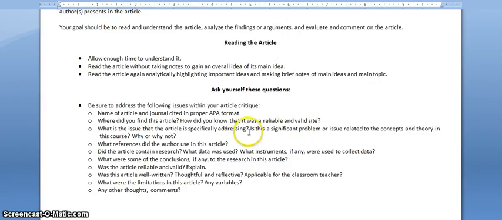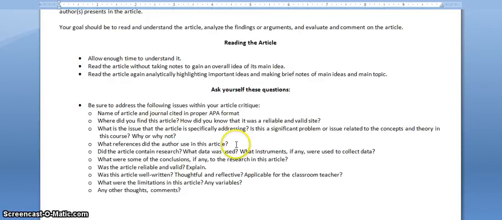What's the issue that the article is addressing? Is it a significant problem or issue related to concepts or theories in this course? And when we talk about concepts and theories, we're talking about research. Is this something that will contribute to research, and why or why not? As long as we can tie it into what we're looking at, and that's educational research, then it is a significant problem.